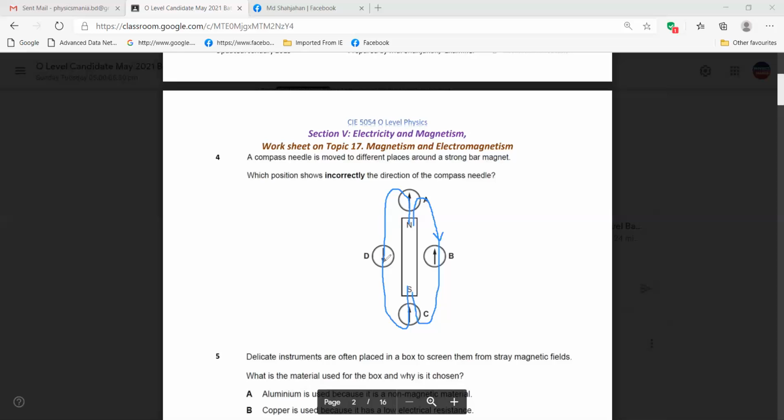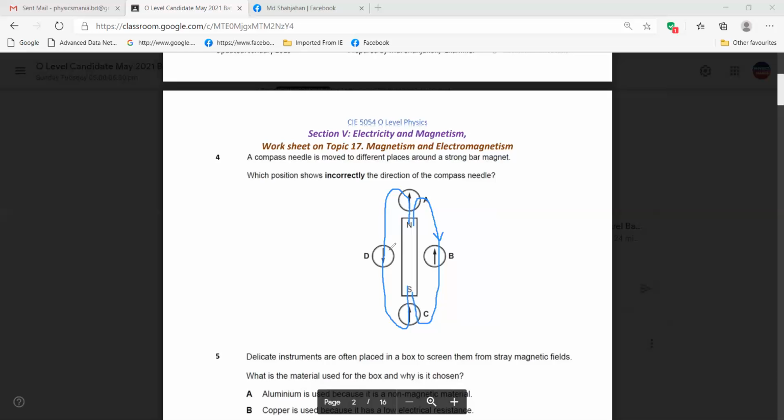Because this is showing you the compass's needle direction, right? This arrow, and the compass's needle will be aligned with the field lines. Okay. Is it clear now? Yes, sir. Sir, can you repeat the sentence?